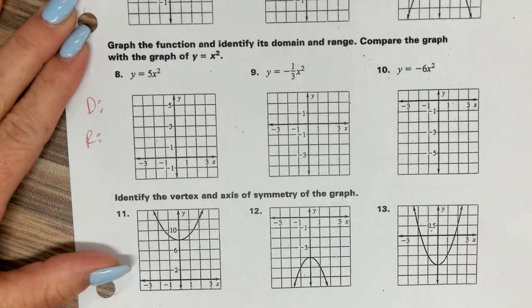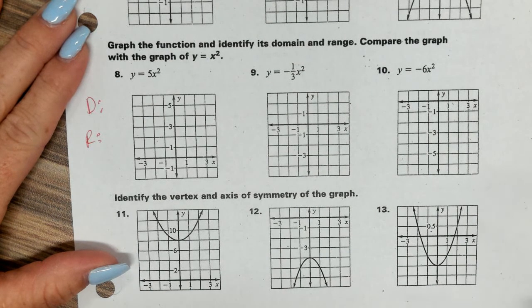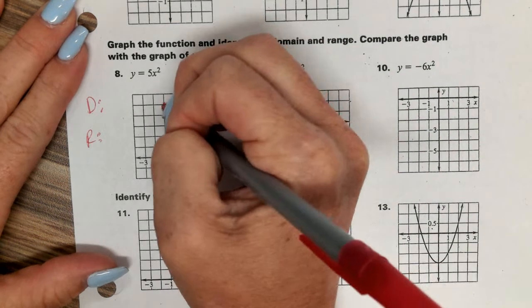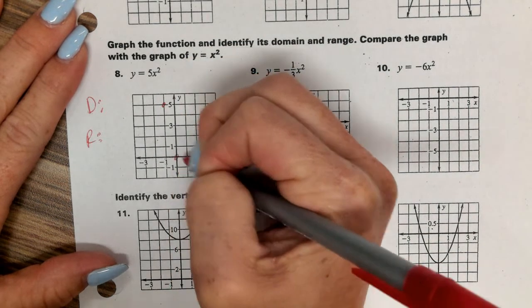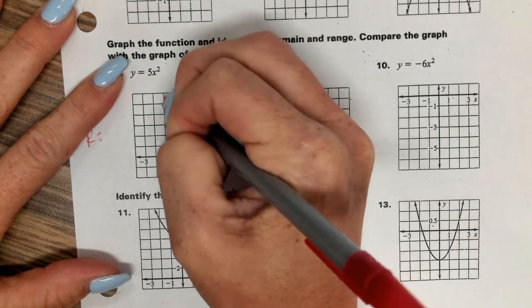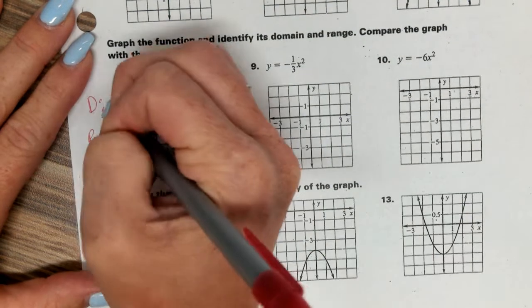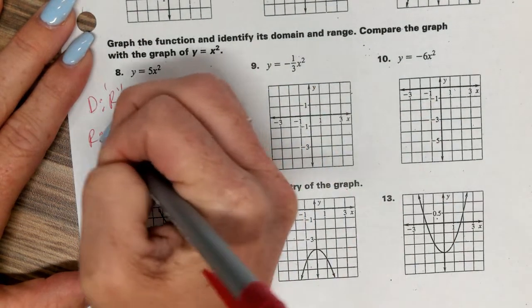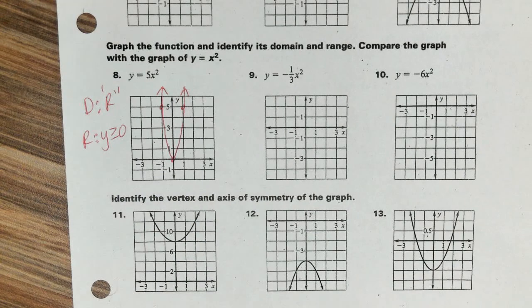So for this one, I would graph 5x squared. It would look like this. It's that simple. The domain is all real numbers. The range is y is greater than or equal to 0. Am I done? No.